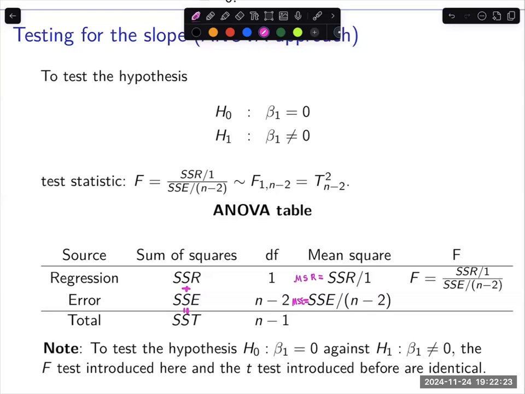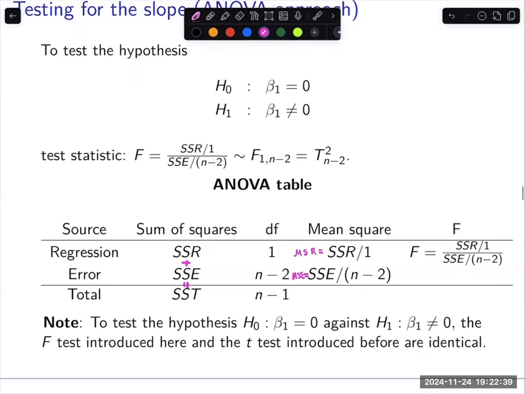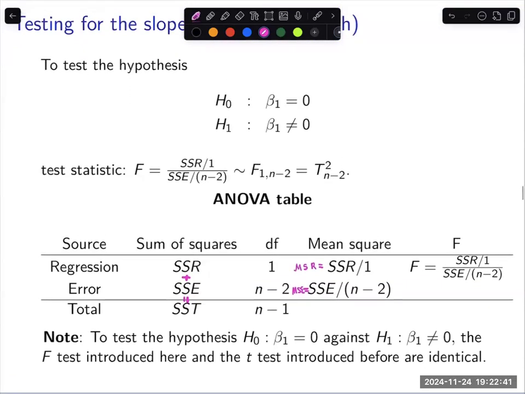It means the regression model provides a significant proportion of the total data variation SST. We can use the F-test here to test whether the simple linear regression model is appropriate, or we can use the t statistic introduced previously.